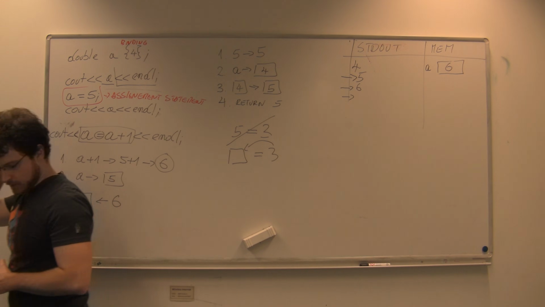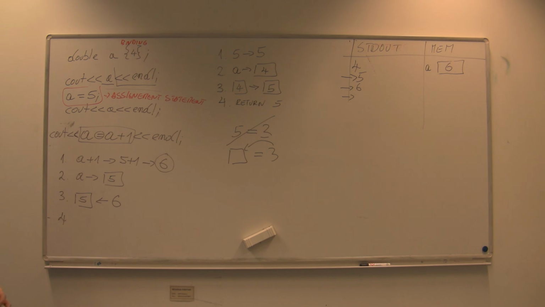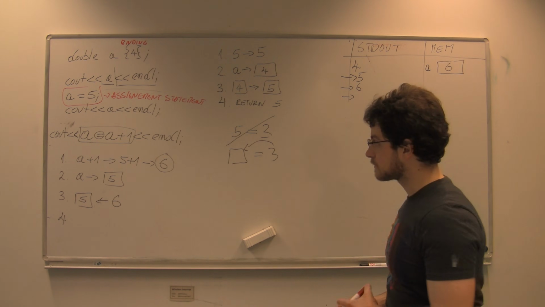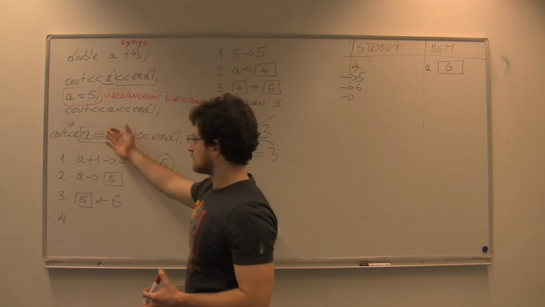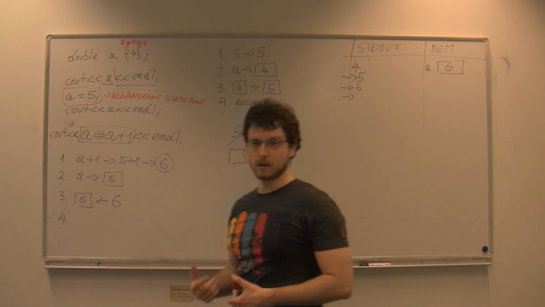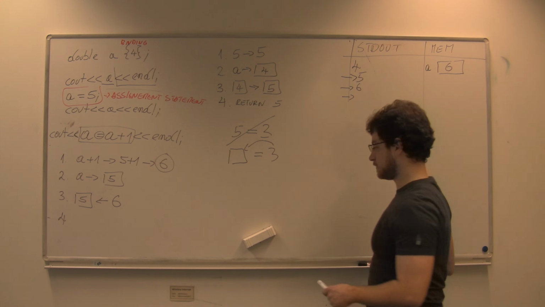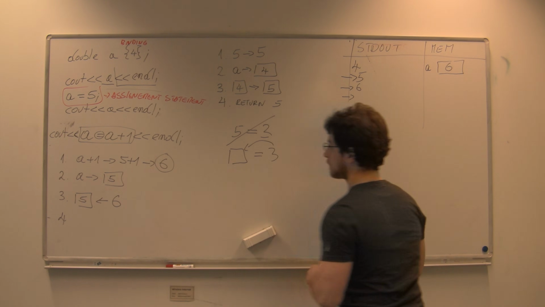However, assignment expressions give us the power of a different combination. Because the assignment operator, like any other operator, can be used to build more complex expressions. So, for example, I could do the following.